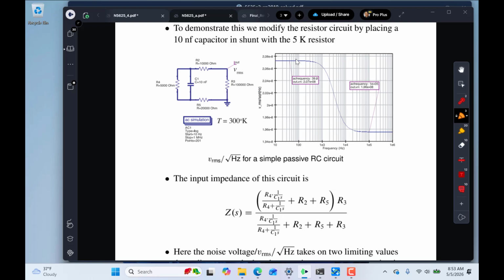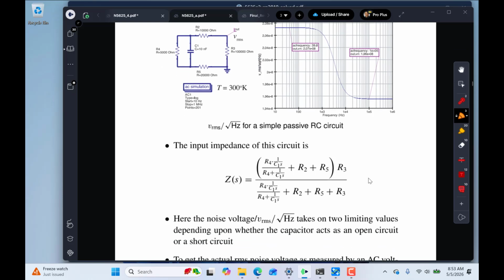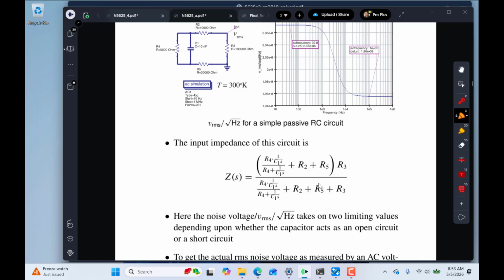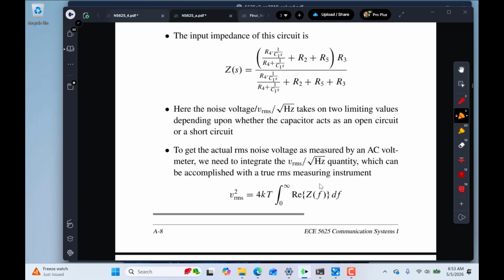And that's exactly what's going on here. This is like the open circuit, and this is the short circuit capacitor. So these are the two noise voltages, and I wrote out the impedance using circuit theory and just wanted to verify that. And again, you get this as a function of frequency now because the impedance is a function of frequency.